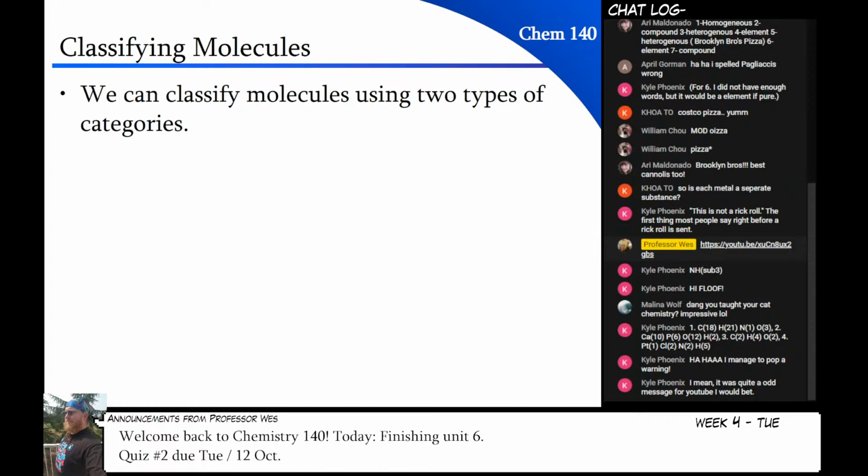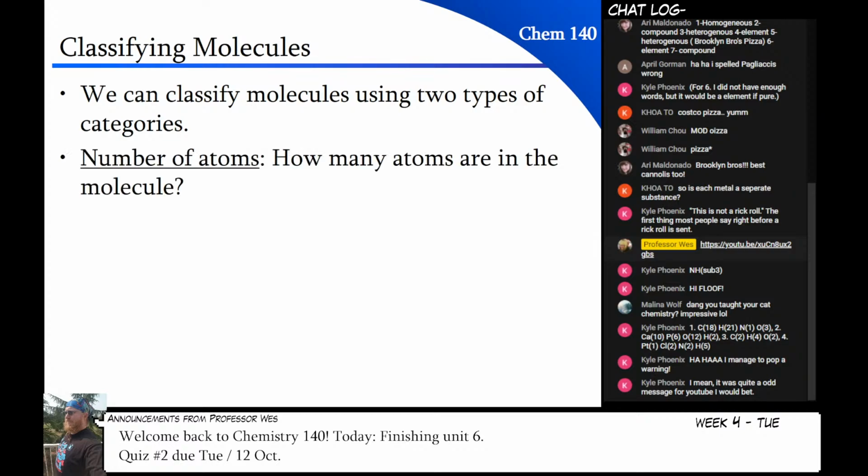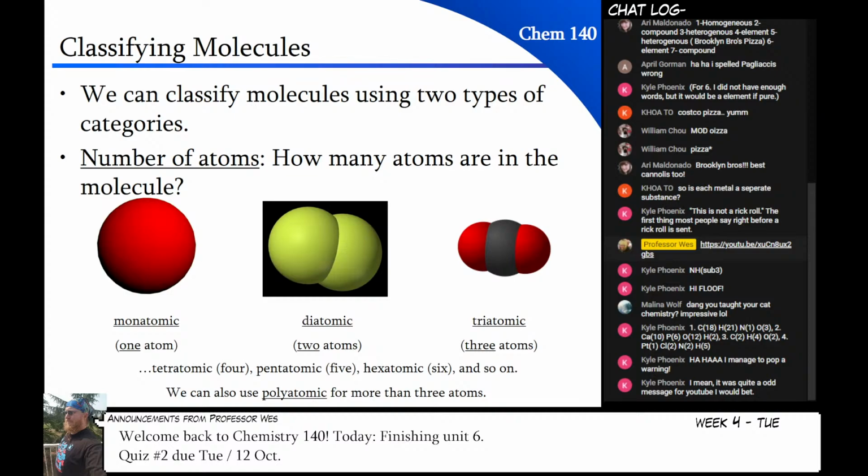All right, this last activity that we're going to do for this section, we're going to try and categorize molecules using different labels. And the first label that we're going to use is a number label. We're going to use a numeric prefix to describe the number of atoms in a molecule as either monatomic, mono meaning one, diatomic, di meaning two, and so on.